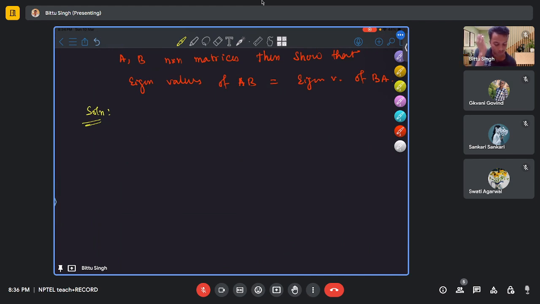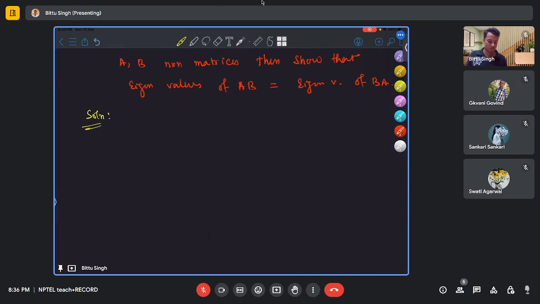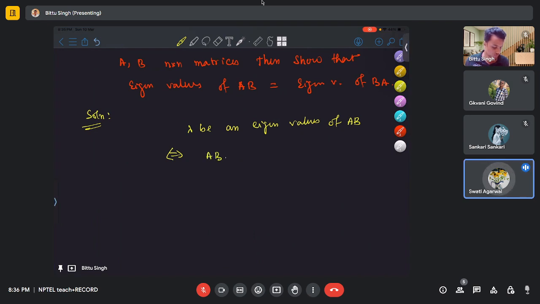Let lambda be an eigenvalue of AB. Okay, don't assume. Let us write this. This is true if and only if determinant of AB minus lambda I is equal to 0.